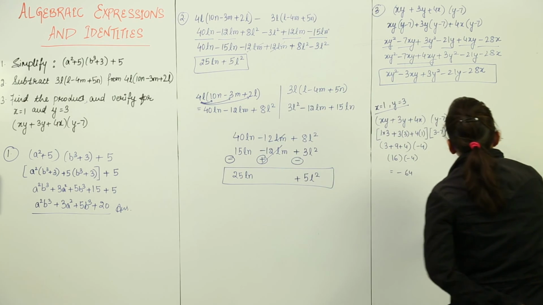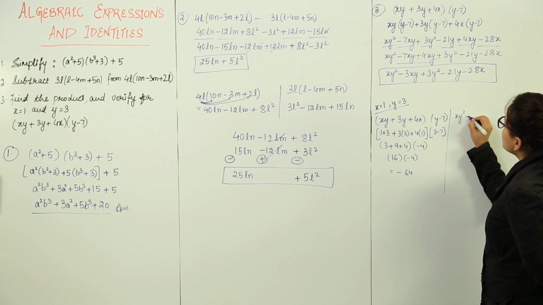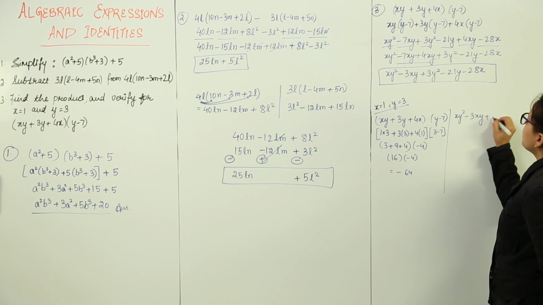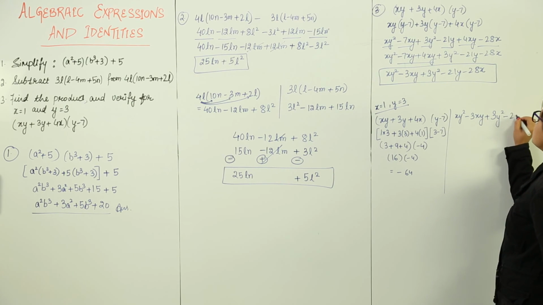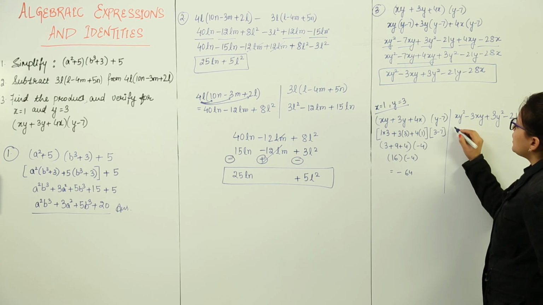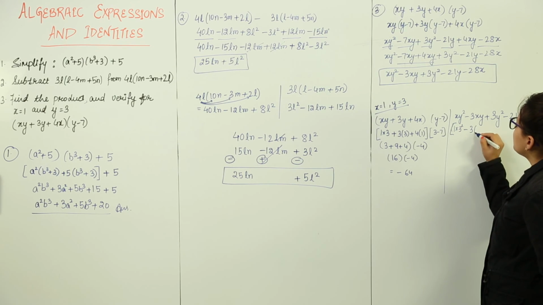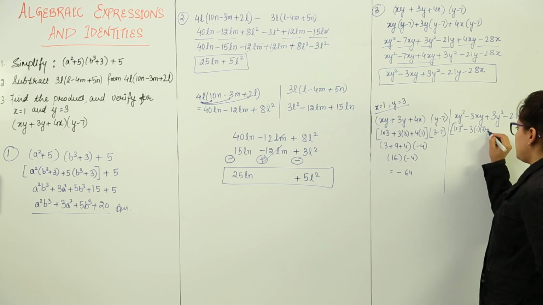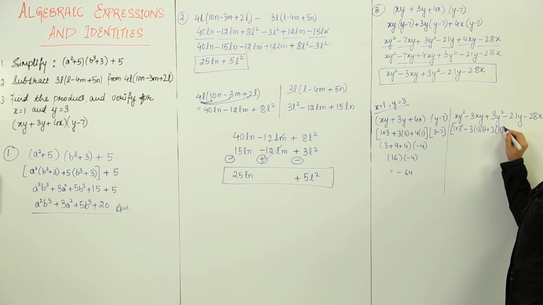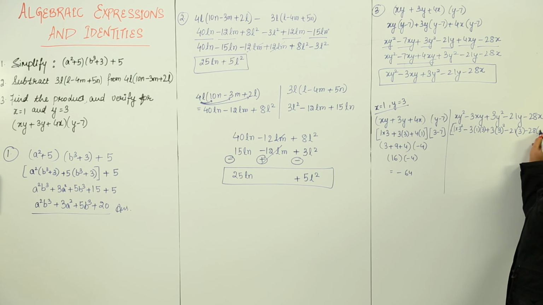Let us check this for the other part also. That is your answer part. Answer was xy square minus 3xy plus 3y square minus 21y minus 28x. I will be putting the value of x and y as we did in the previous question. So the first term becomes 1 into 3 square minus 3 into 1 into 3 plus 3 into 3 square minus 21 into 3 minus 28 into 1.